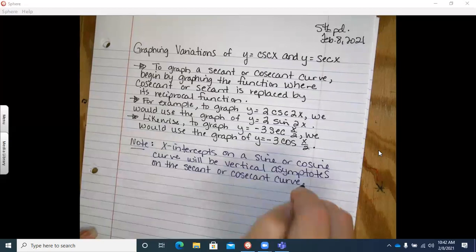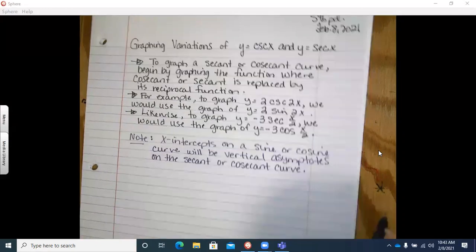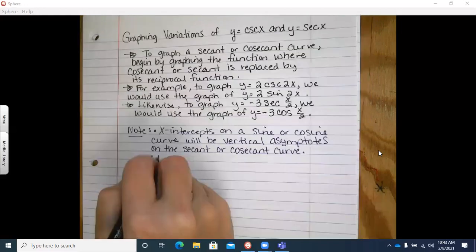Another note is a maximum point on a sine or cosine curve would be a minimum point on a cosecant or secant curve.